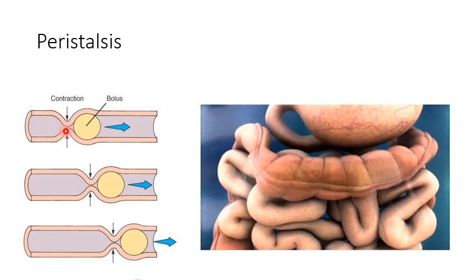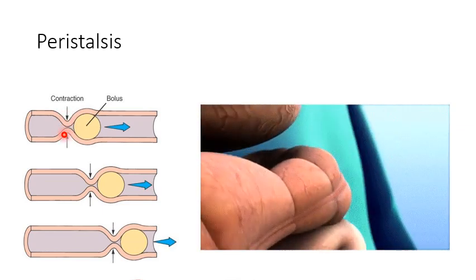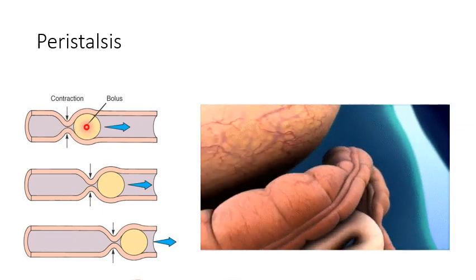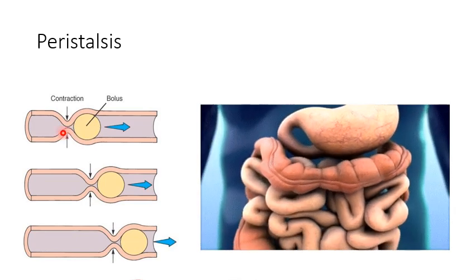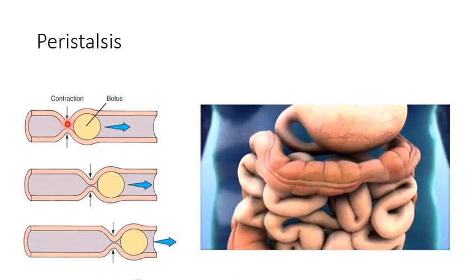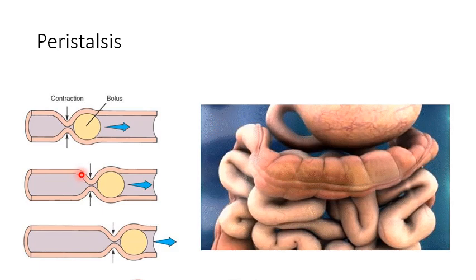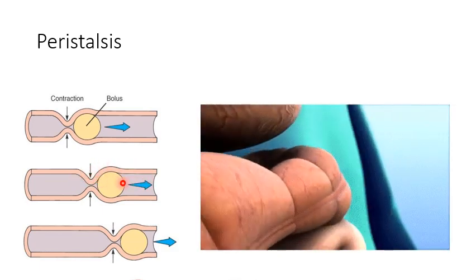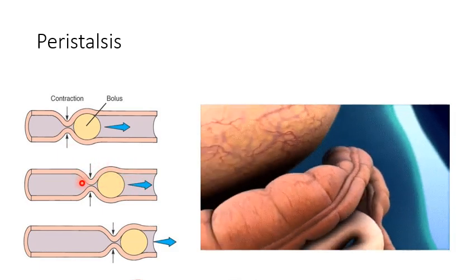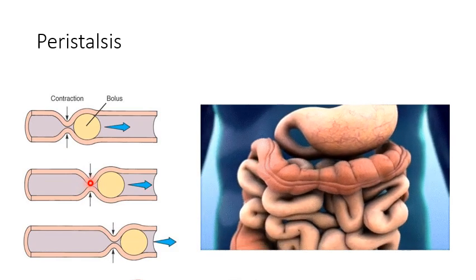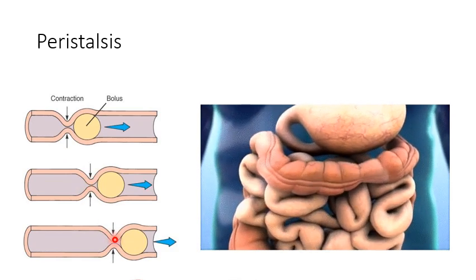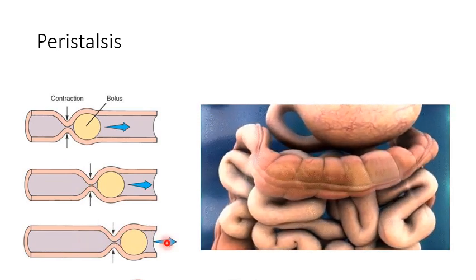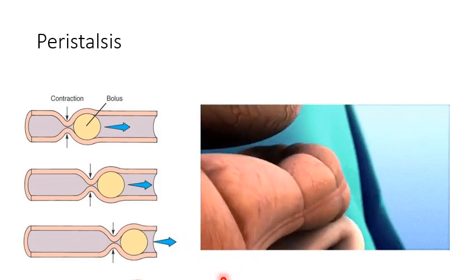So in peristalsis, you have those muscles contracting to make a constriction that's just in front of the bolus, and that point of constriction, or that muscle contraction, is going to slowly and gradually move down the GI tract. As these muscles release, the next muscles will contract. Then when these muscles release, the next muscles will contract. And the bolus is just going to be pushed slowly through the tract.